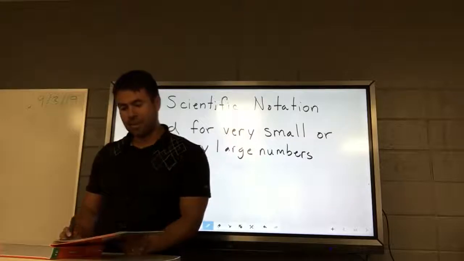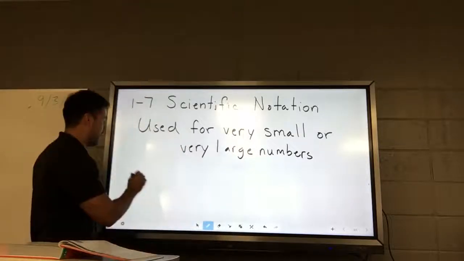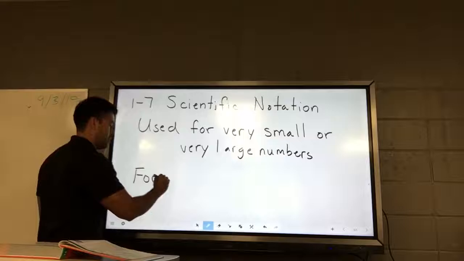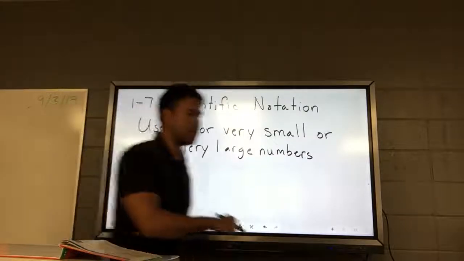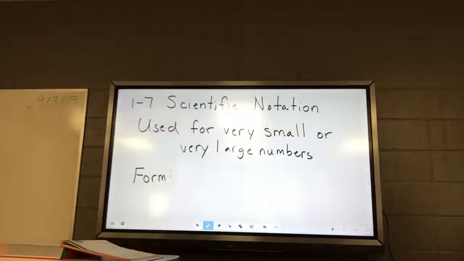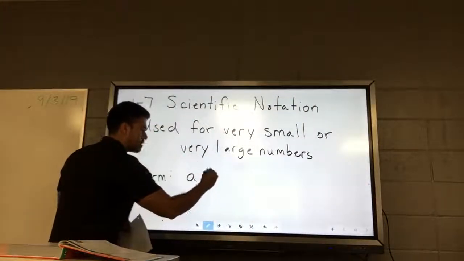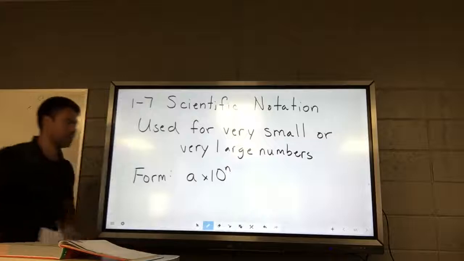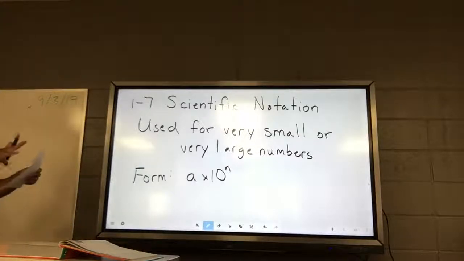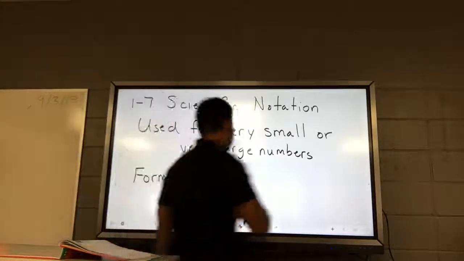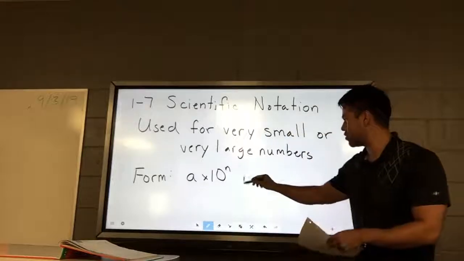Okay, let's look at the format. So you're going to write this form out. All scientific notation numbers, if they're written properly, will have this form: A times 10 to the nth power. It has to look like that. But these numbers, A and N, are certain numbers.